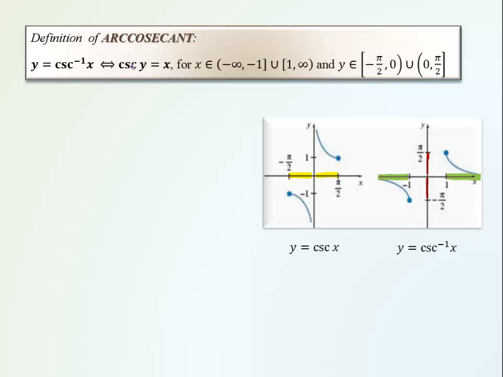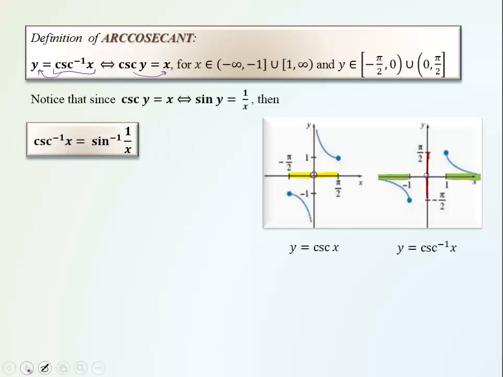Let's look at the formal definition of arccosecant. Arccosecant of x is such an angle y that cosecant of y gives us back the input x. The input is taken from all real numbers except for the segment from -1 to 1, and the output is, as we said, from negative pi half till pi half except for 0. Similarly as before, cosecant of y equals x can be translated into sine of y equals 1 over x, because cosecant is 1 over sine.